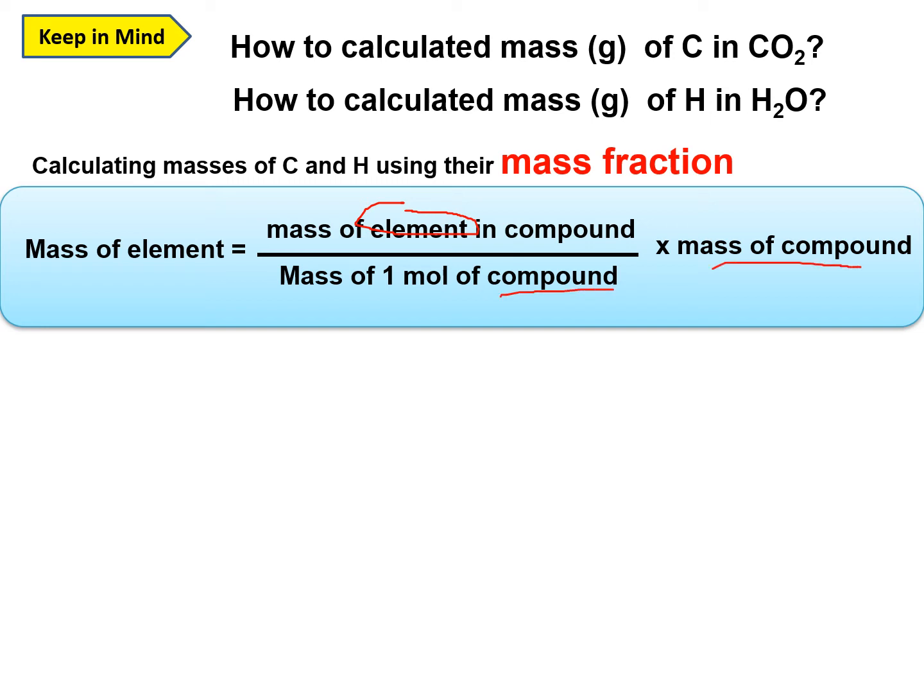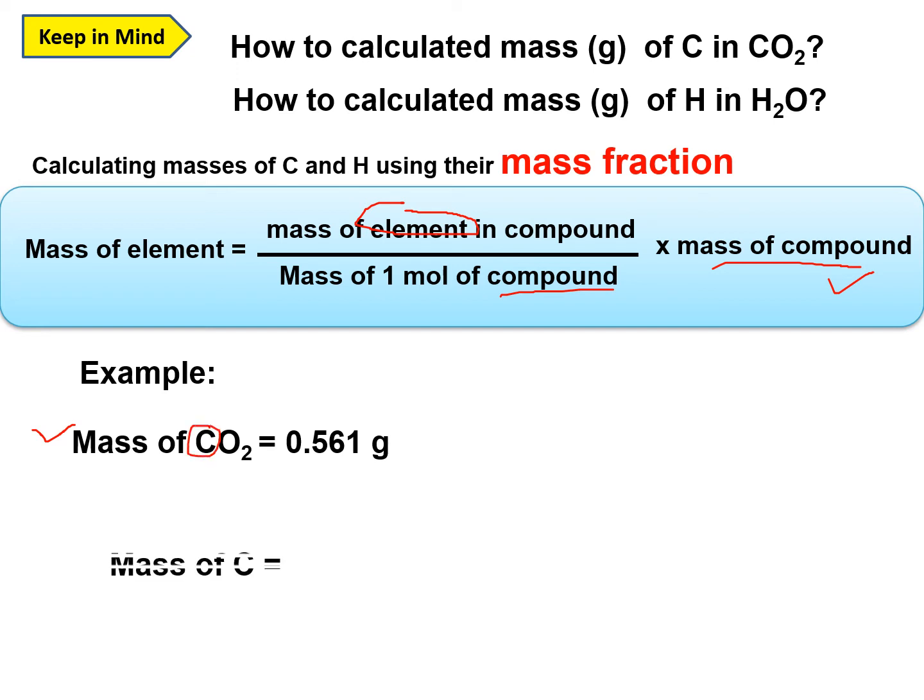So how to apply this formula is, for example, mass of CO2 is 0.561 gram. So this is mass of compound. To calculate the mass of element, the element now refers to carbon. So mass of carbon equals the mass of element. Element refers to carbon, so carbon here is 12.